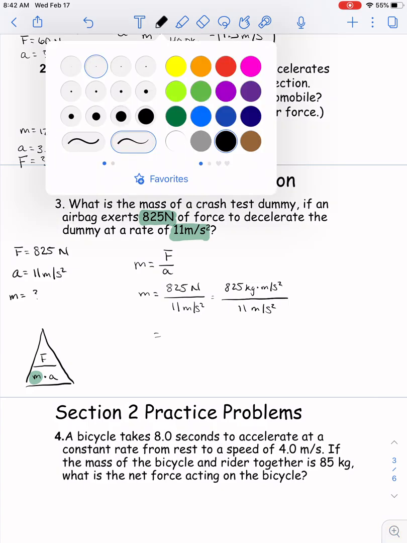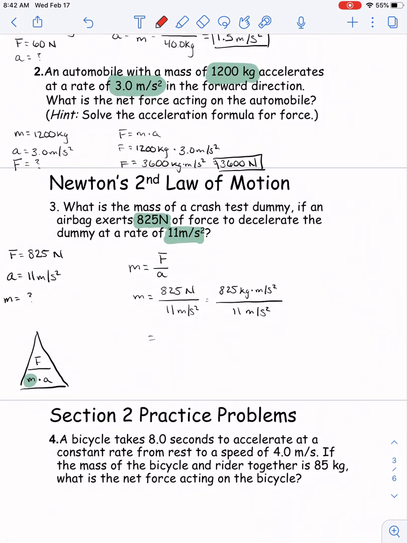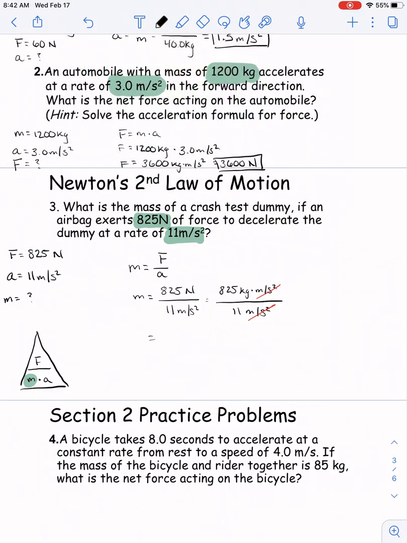So here, with it written out, you clearly see the equivalent unit of a newton, kilogram meters per second squared, cancels the unit meters per second squared, leaving us with just the unit kilograms, which is our unit of mass. So 825 divided by 11 gives me 75 kilograms for the mass.